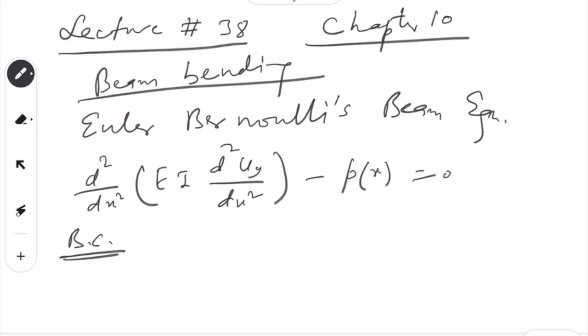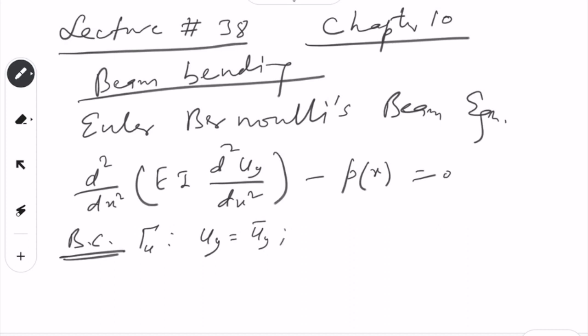There are some boundaries, let us call it gamma u, where uy is given, so uy equal to uy bar, which is given.